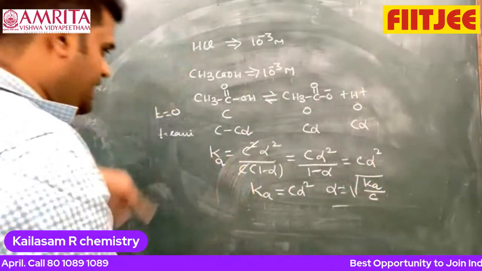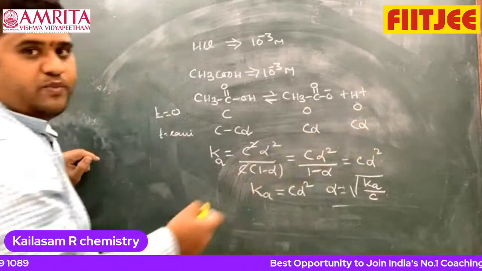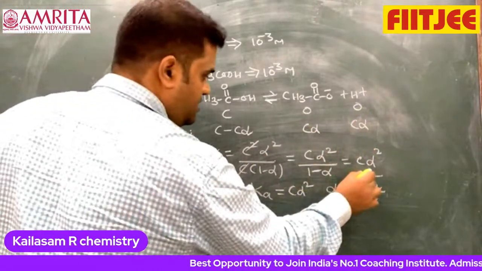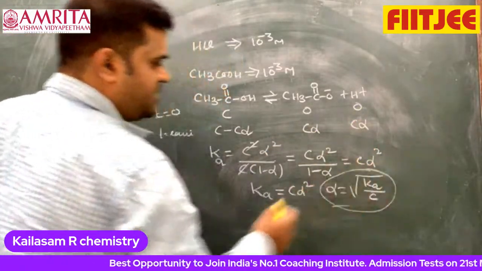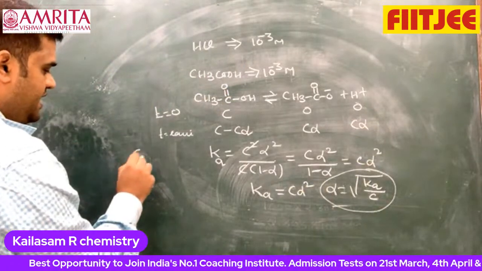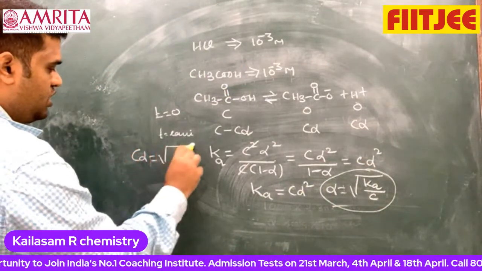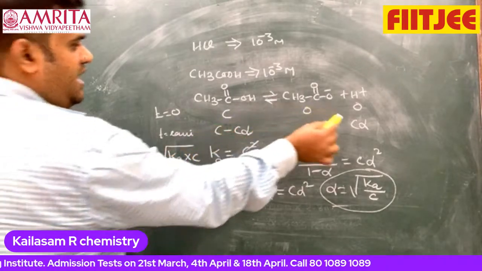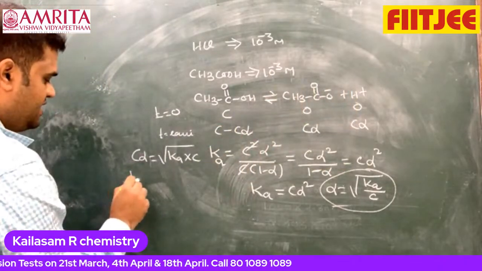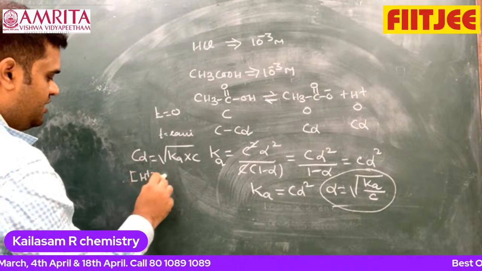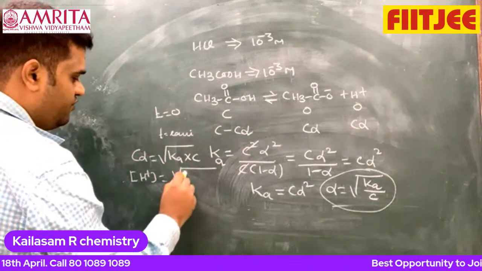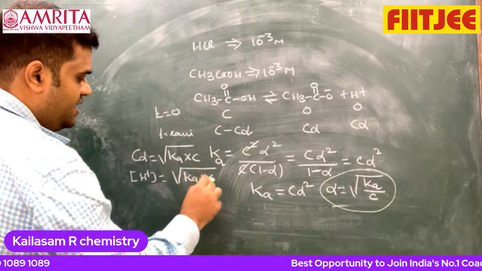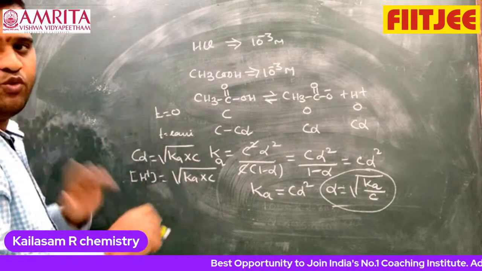From this, look at that. Now, I want to find out pH. I want to multiply both the sides by concentration. C alpha is equal to root of Ka into C. So what is C alpha? C alpha is the concentration of H plus ion, equal to root of Ka into C. Take the negative logarithm of both the sides.